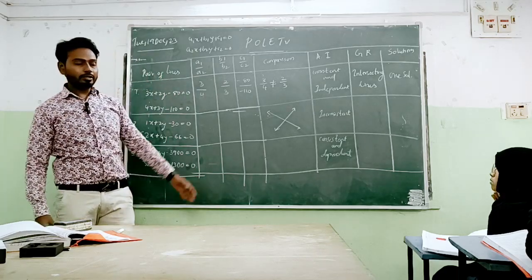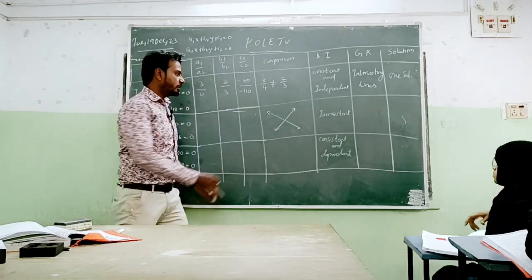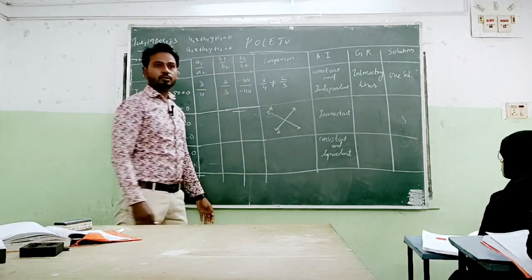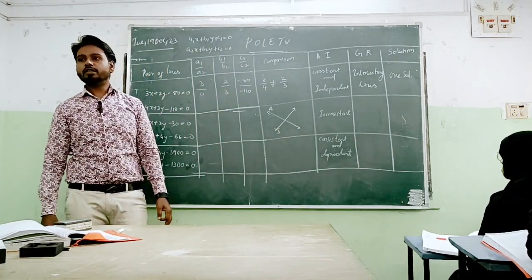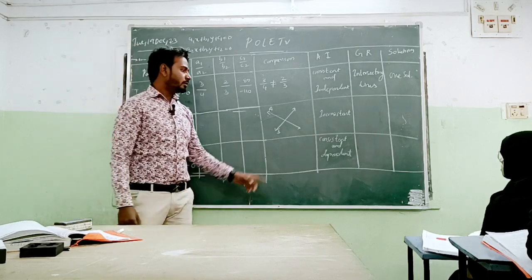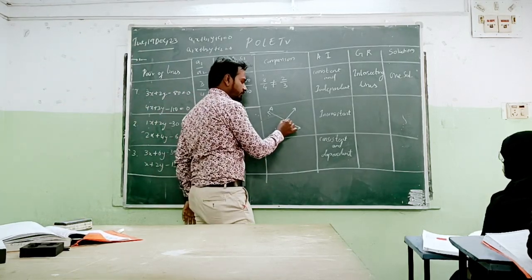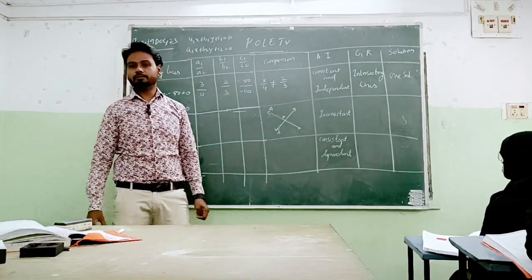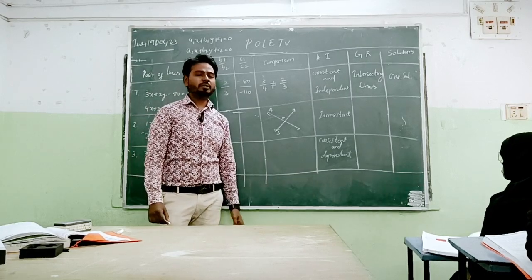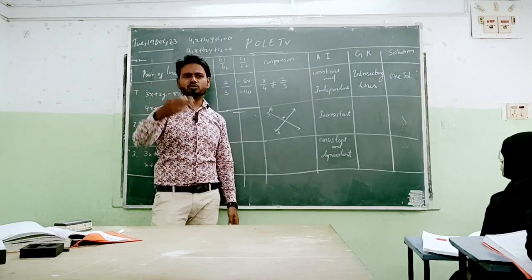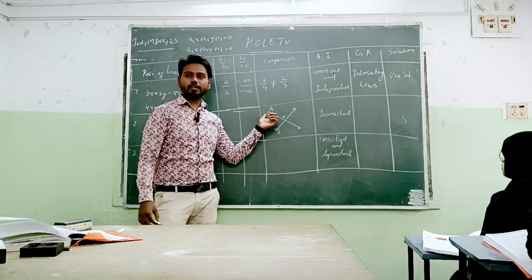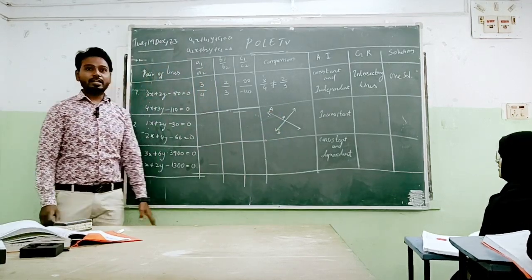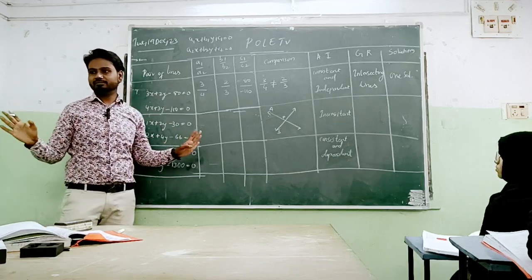This is friend A and this is friend B, meeting at this place. At this point they are meeting. Friend A and friend B are meeting at this point, and after that they are never meeting again.